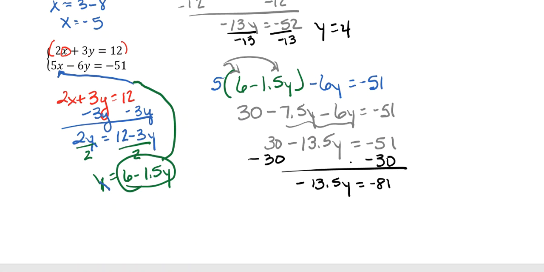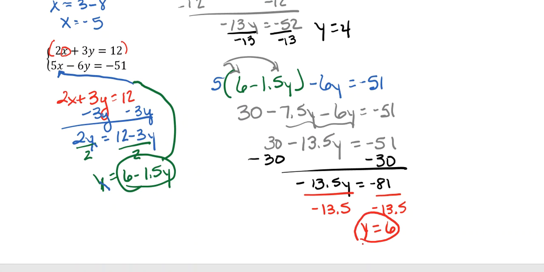So I get negative 81. My last step will be to divide by my negative 13.5. I think it goes in 6 times, but I want to double check. Yep. So the variable equals 6.